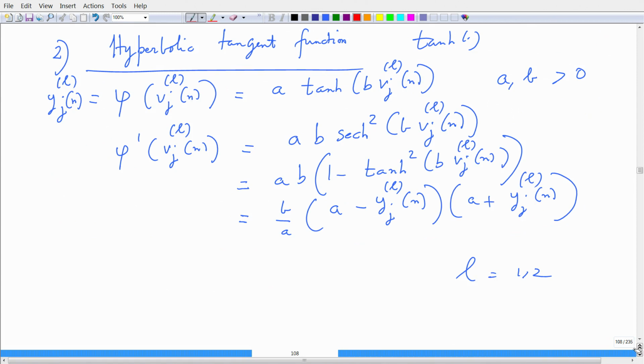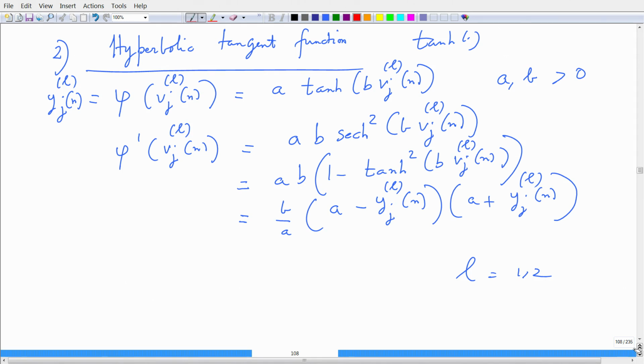Another activation function one can think of is the hyperbolic tangent function. Most of you might have seen the tan hyperbolic function as a part of your calculus exercises, right. You would have taken derivatives of tan h or cos h or sin h and all these types of hyperbolic functions, but you would realize that this function that you routinely took for granted has applications within neural networks, that is the tan hyperbolic function.